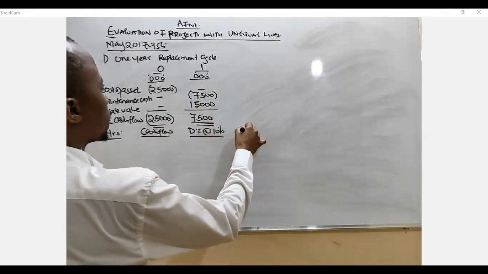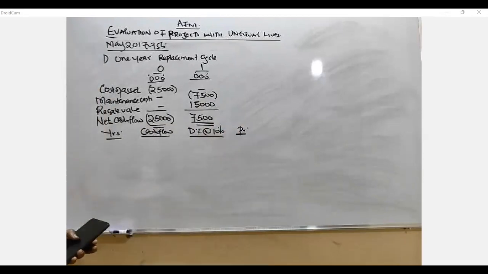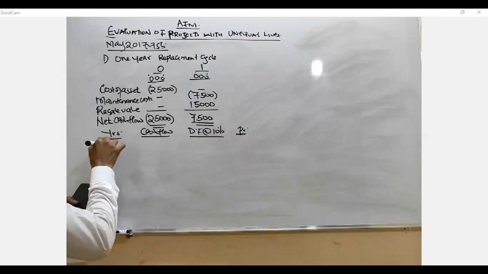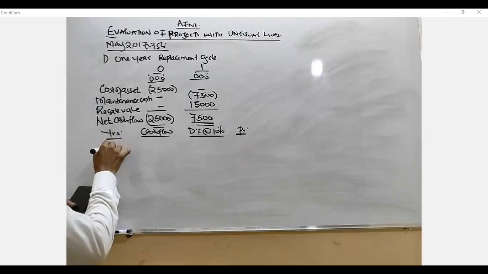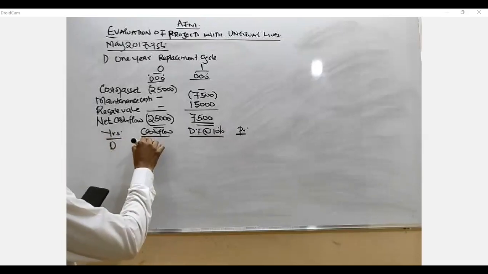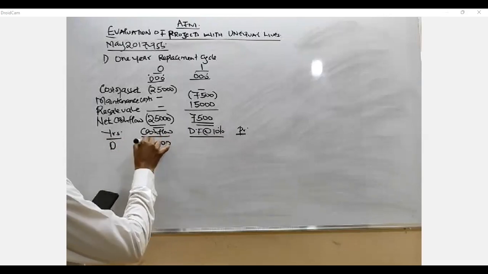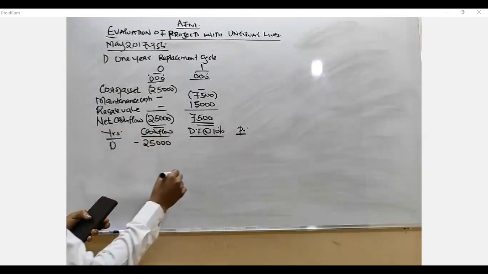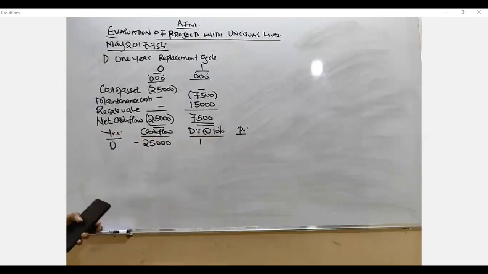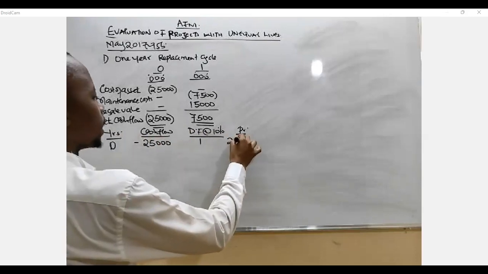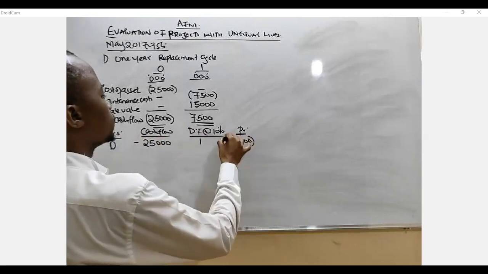We get the present value. The discount factor we are using is the cost of capital. We start with year 0, 25,000, which is negative. The discount factor for year 0 should be 1. Then here you should get a present value of 25,000, which is negative.